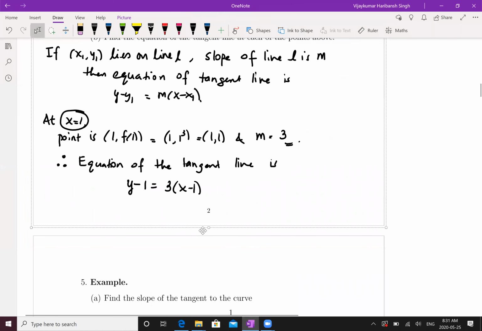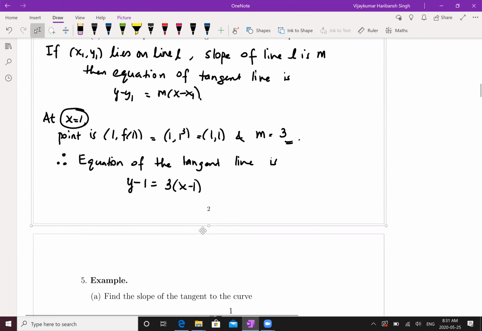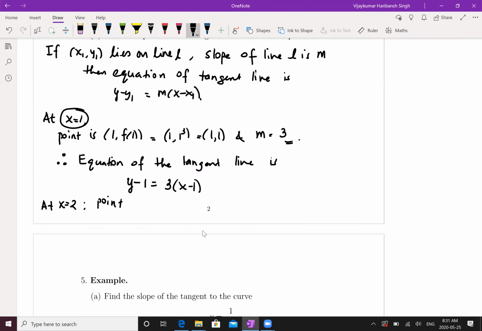So similarly, you can check that at x equals 2, the point on the graph is (2, f(2)), which is going to be (2, 8). The slope is already 3 times 2 squared, which we found out to be 12.